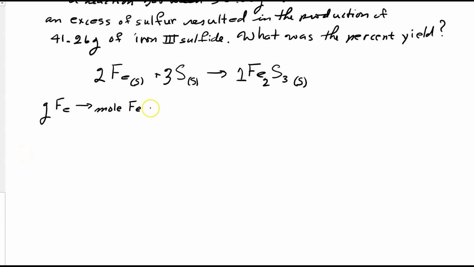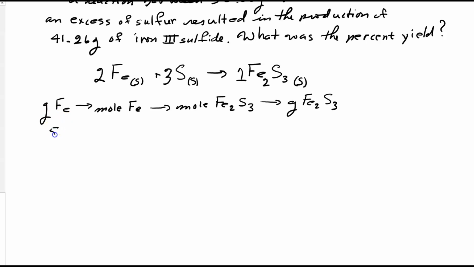From that, we need to go to moles of Fe2S3, or iron 3 sulfide. And from that, of course, we need to go to grams of Fe2S3. So yield is always configured on the process of how many grams. Okay, so again, we follow the same process steps.